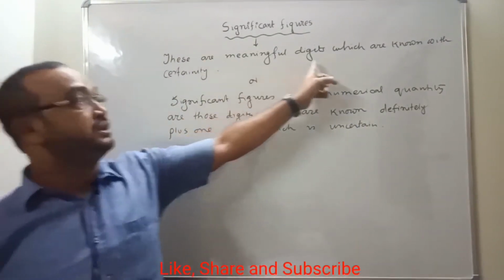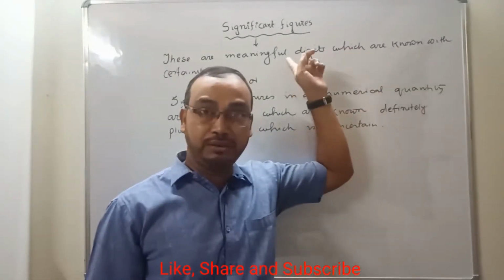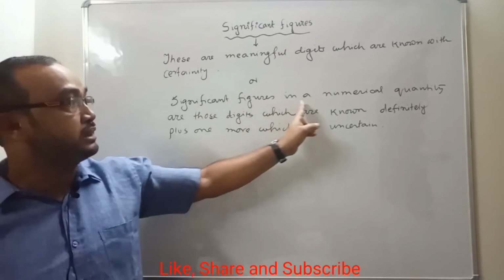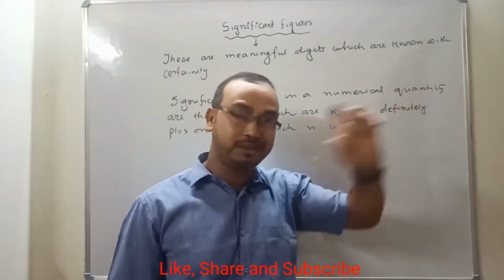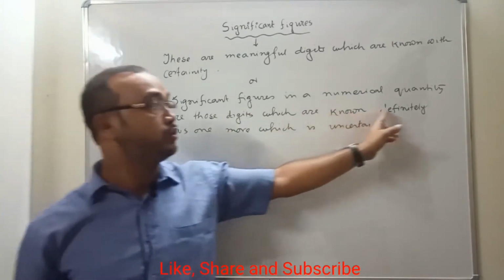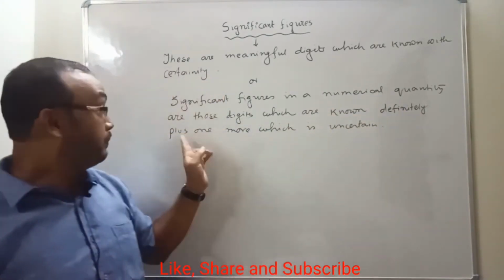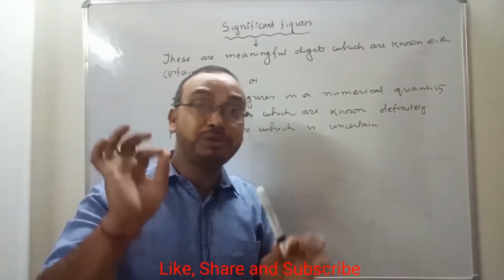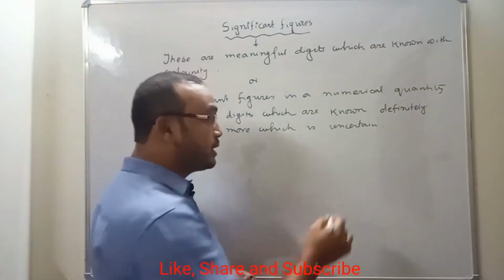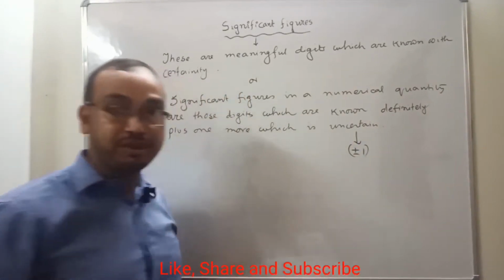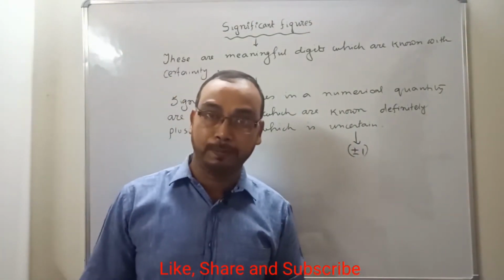These are the meaningful digits. Significant figures in a numerical quantity, that is in a numerical value, are those digits which are known definitely plus one more which is uncertain. Now, how much will the uncertainty be? Uncertainty will be plus minus 1.